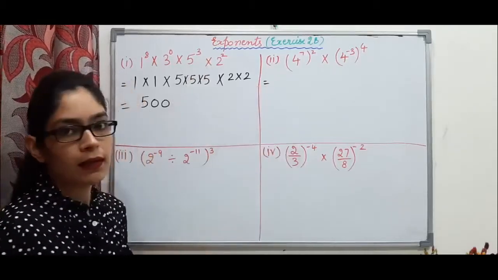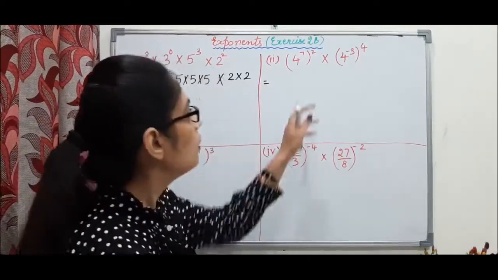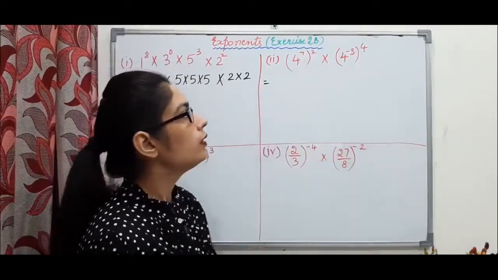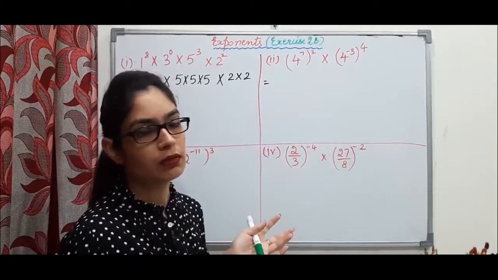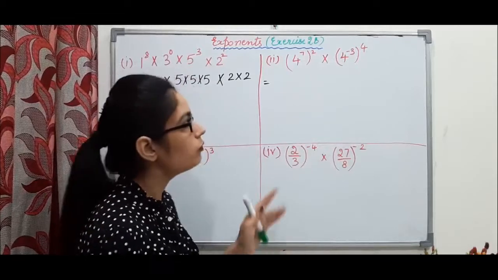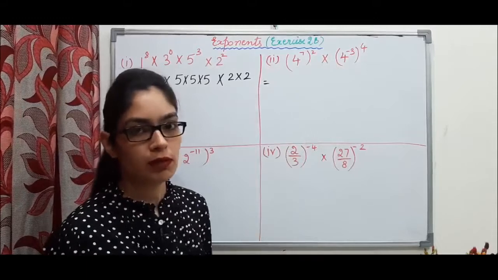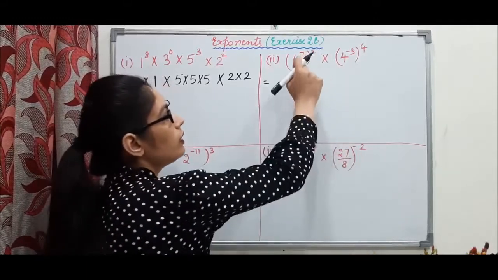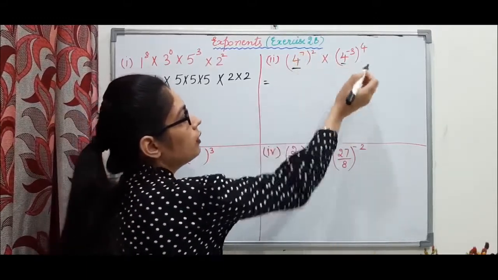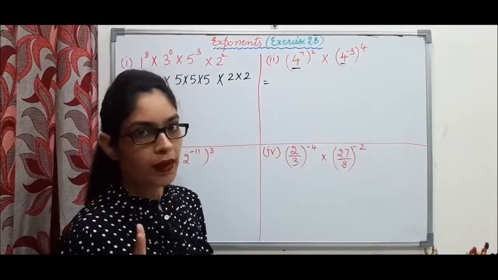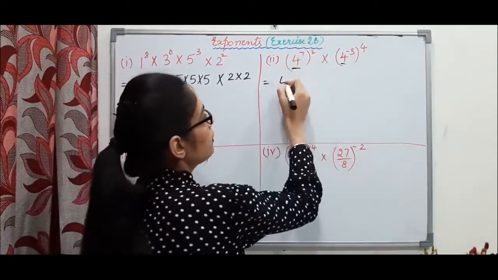In the second part, you can see two powers are there. Each number has 2 powers. When 2 powers are there, the first step is to multiply the powers. Like in the power rule we have learned, if a single number has 2 powers, then those 2 powers we have to multiply.